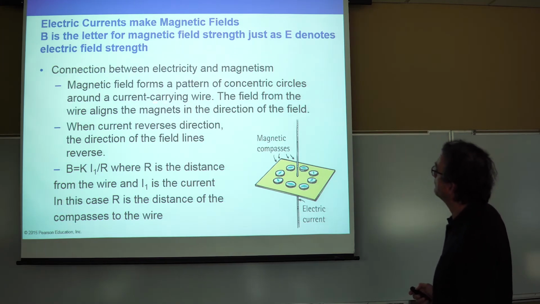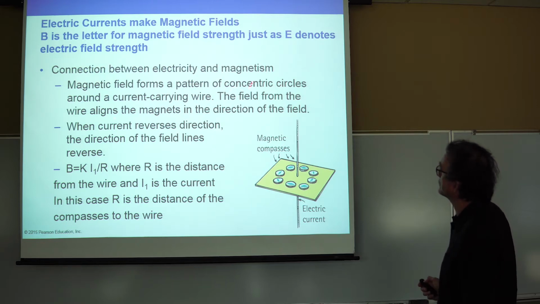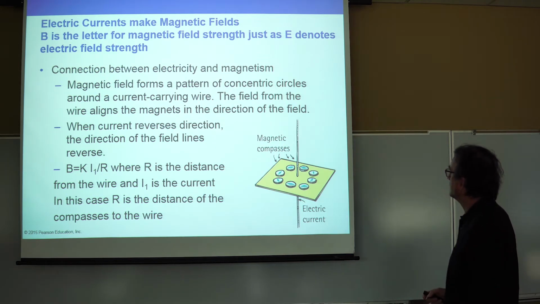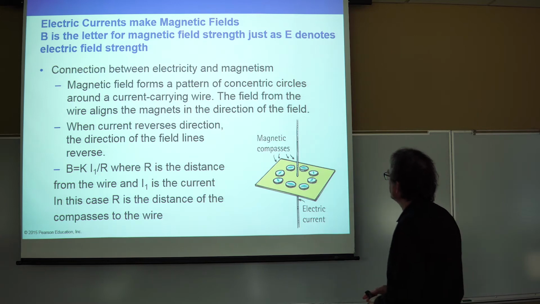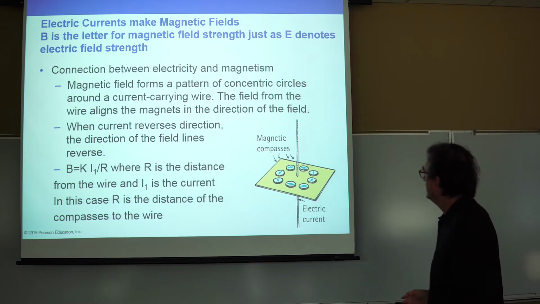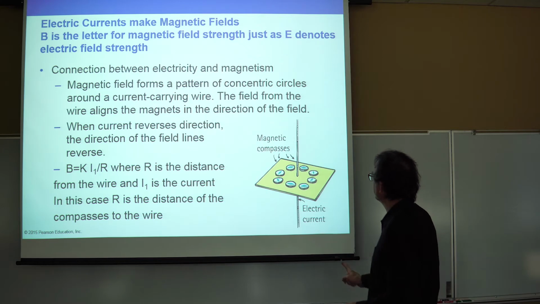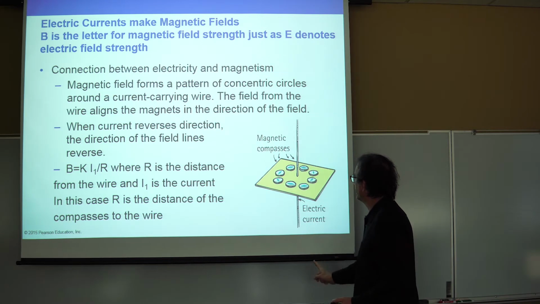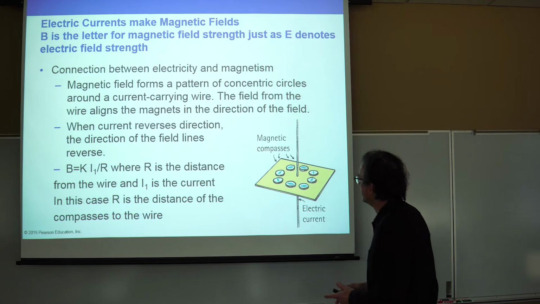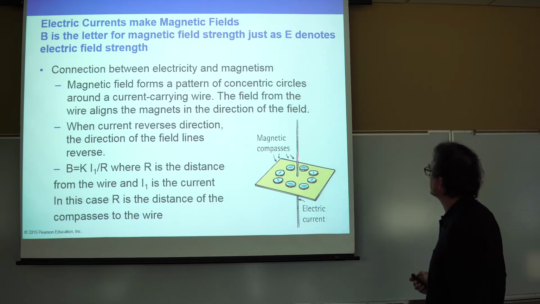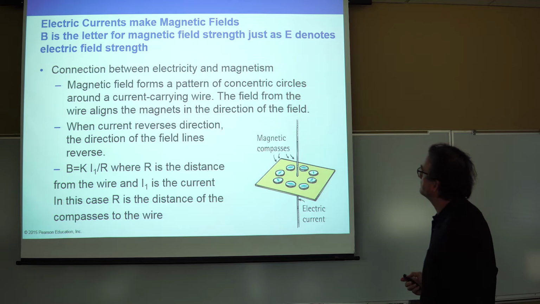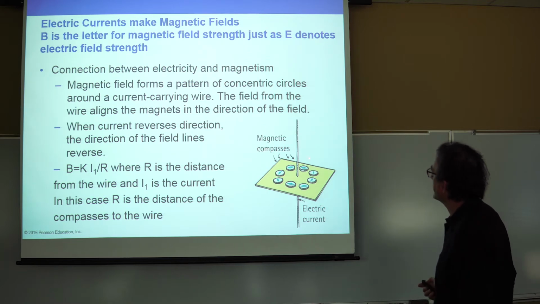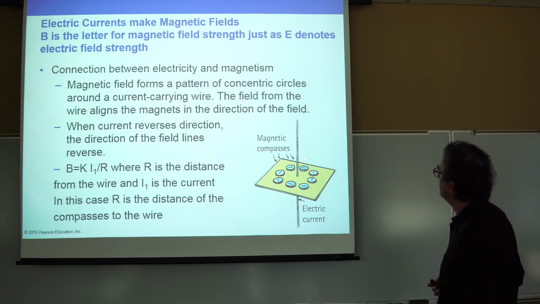So the magnetic field forms a pattern of concentric circles around a current-carrying wire. This is something that is going to be new for you. I can imagine that there's a voltage supply generating current in this wire. When current flows through this wire, the laws of magnetism tell us that it will generate a magnetic field that circulates around the wire, and it becomes weaker as we go to a larger radius.